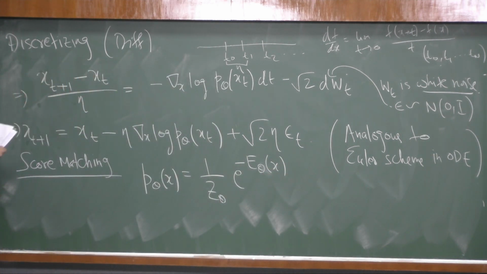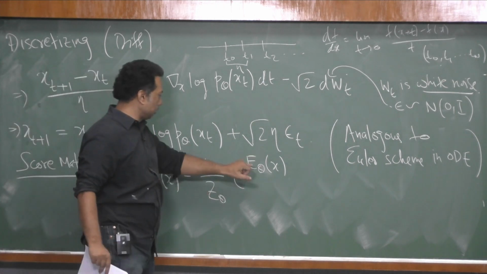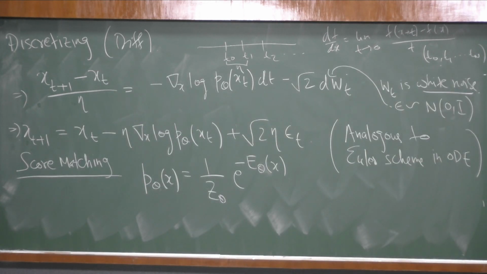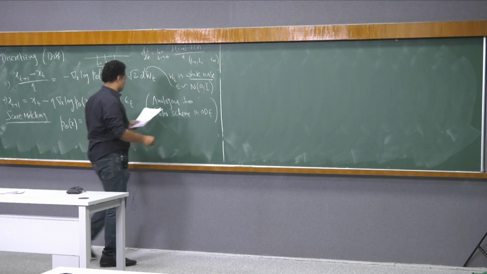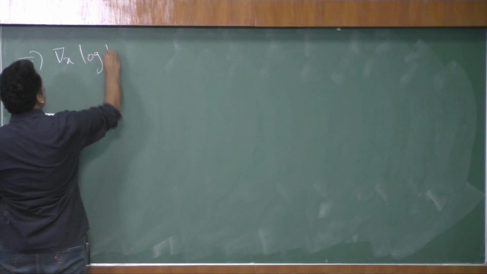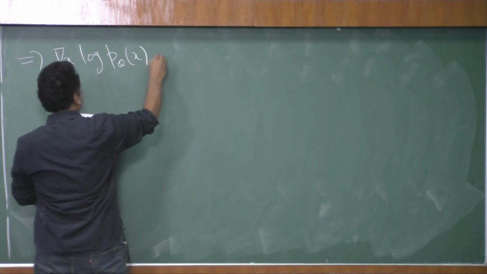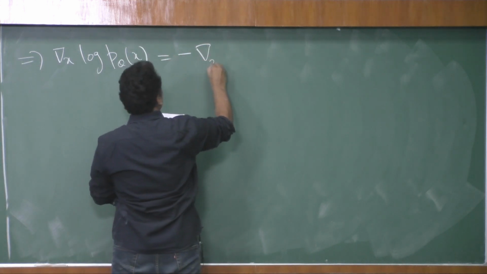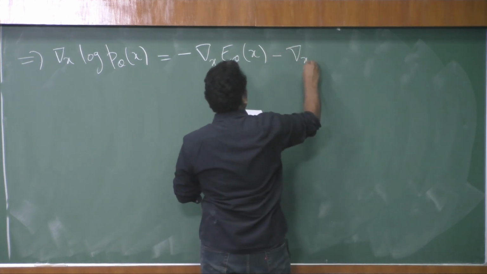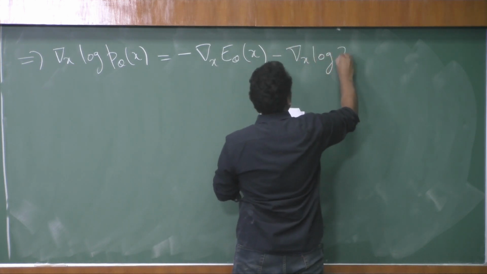So we want to relate these. What we have in hand is the log p theta, and this guy will show up here. So let us go back to that. This implies grad_x log p theta(x) is equal to minus grad_x E theta(x) minus grad_x log Z theta.